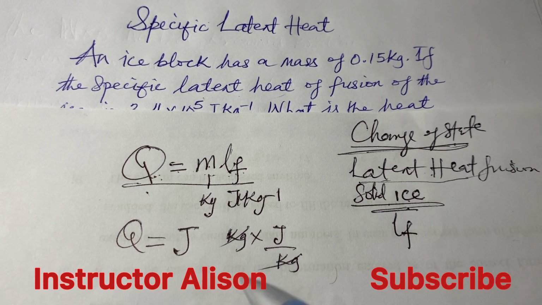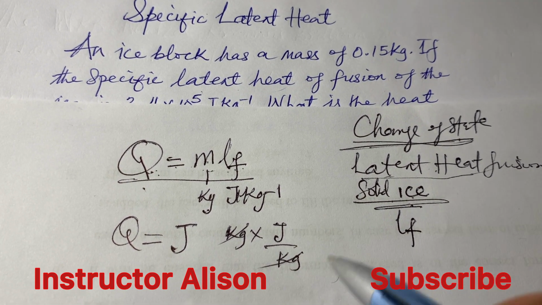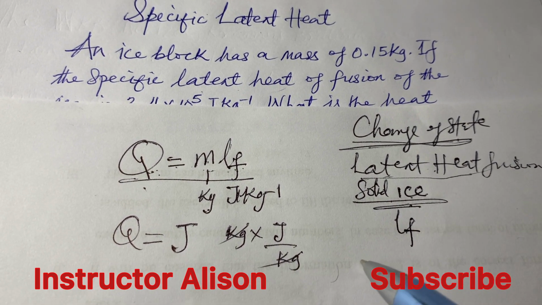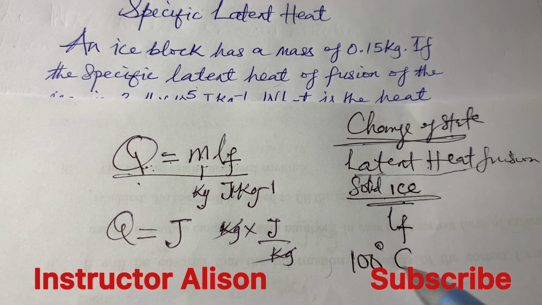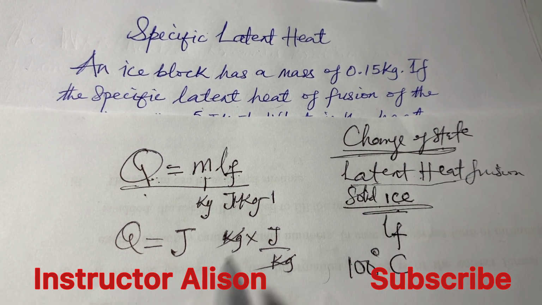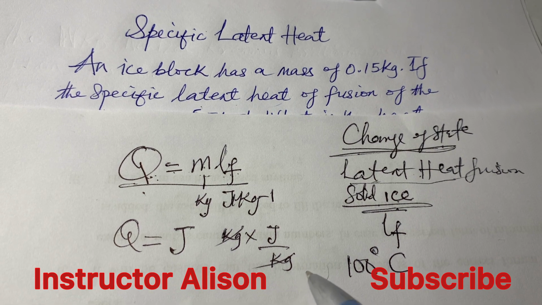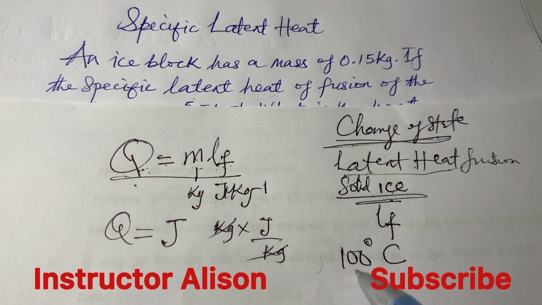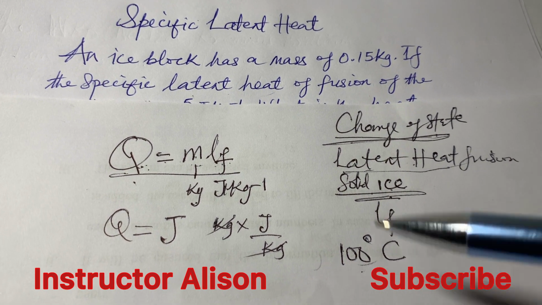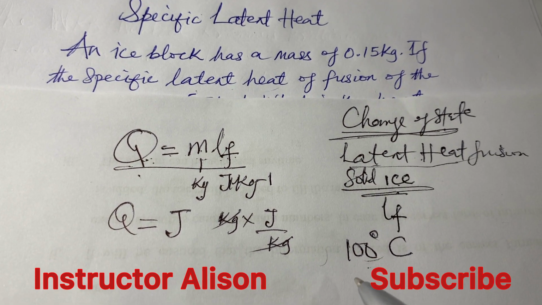To explain this concept, when water is heated from a known temperature to its boiling point, and you know the boiling point of water is 100 degrees Celsius, when more heat is applied at this particular boiling temperature, it continues to boil without change in temperature.